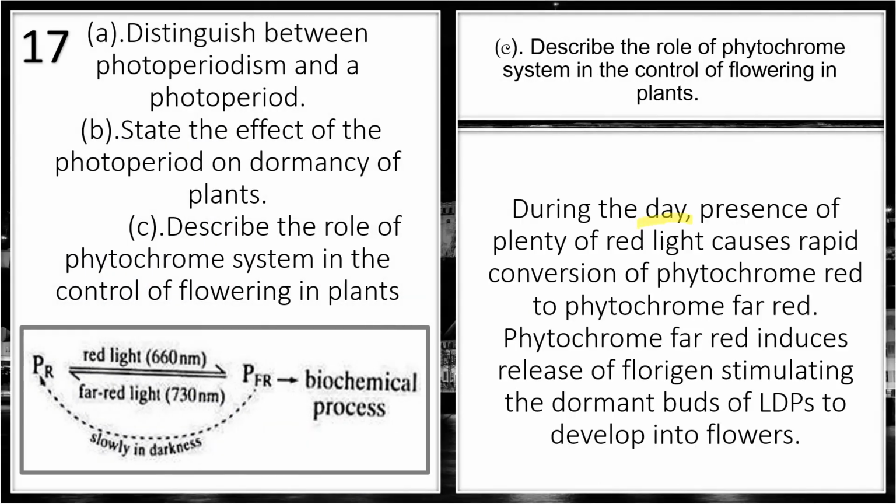During the day, presence of plenty of red light causes the conversion of phytochrome red to phytochrome far red. Phytochrome far red induces the release of florigen, stimulating the dormant buds of long day plants to develop into flowers.